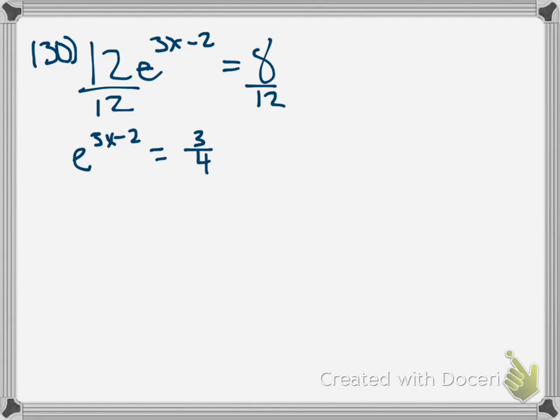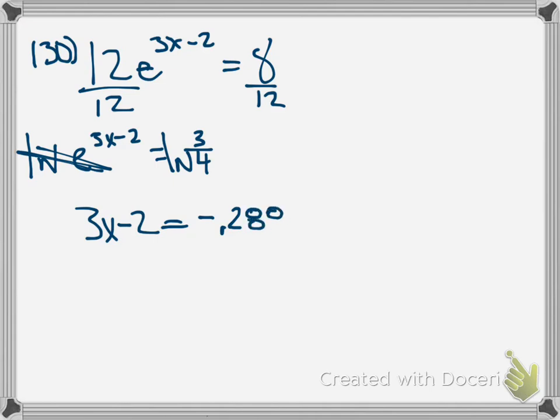Then remember, to get rid of the e, we had this in another section, put the ln. ln and e cancel each other out, leaving you 3x minus 2. So if I do the natural log of 3/4, I get a decimal of, say, negative 0.288, rounded to the nearest thousandth.